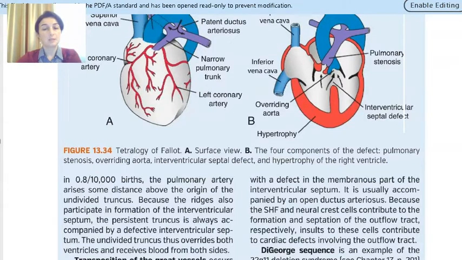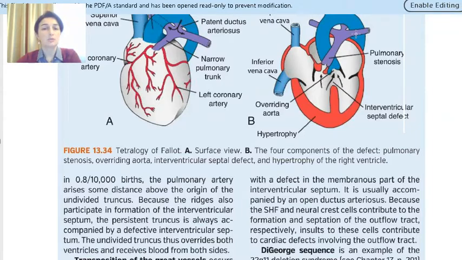Besides it, we also have persistent truncus arteriosus and transposition of the great vessels, because neural crest cells also contribute to much of the craniofacial region of the embryo.